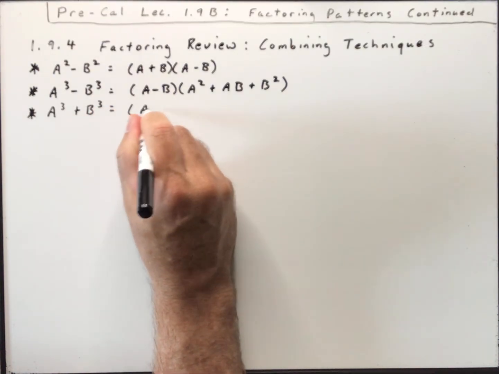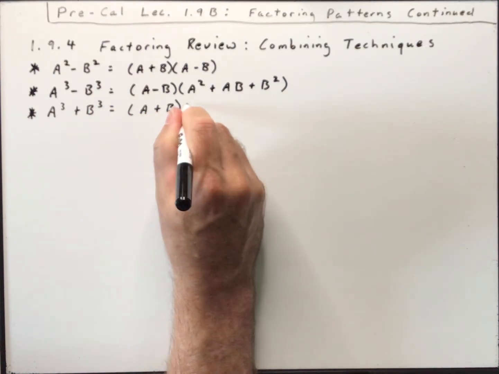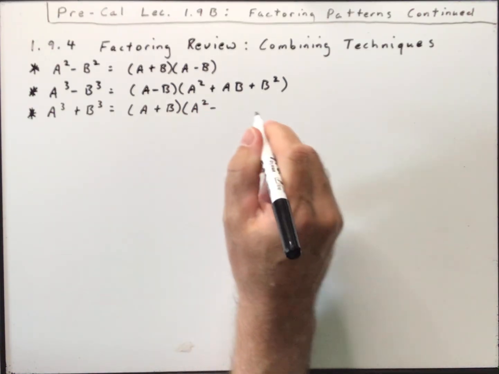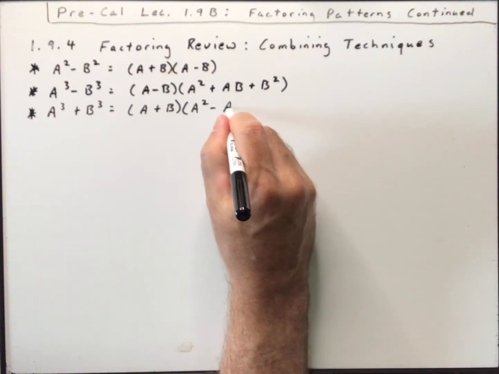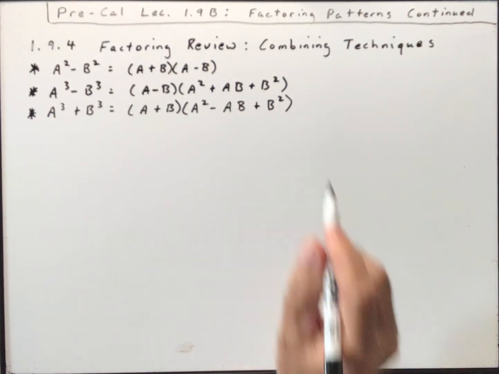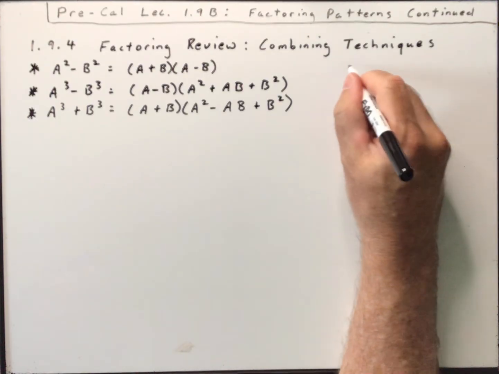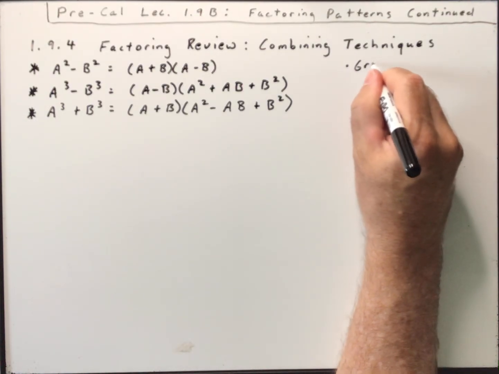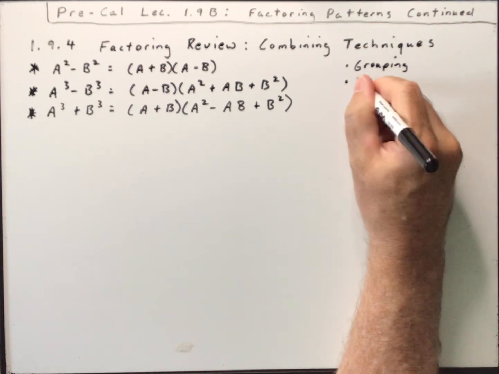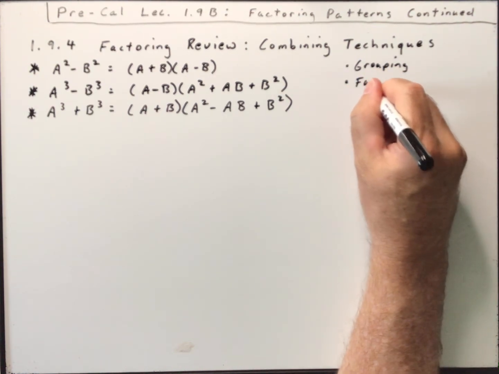That's going to be a plus b, and it's almost the same as the previous one. We've just got a minus sign in between the first two terms here in the second parenthesis. All right, and then we're also going to maybe do some grouping. Just some regular factoring trinomials.